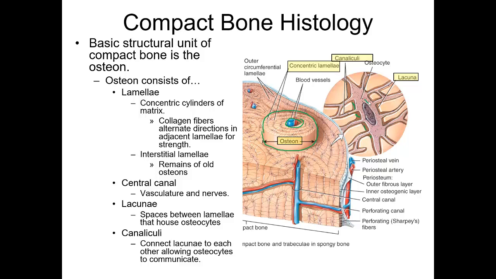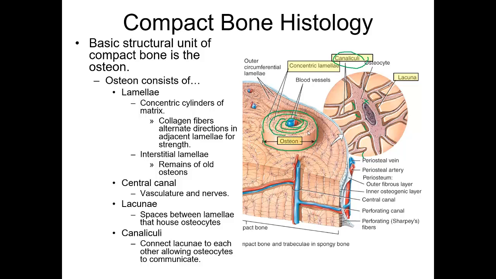This right here is the osteocyte. Now this little canal through which one osteocyte is going to connect to another osteocyte is the canaliculi. And the concentric circles, a circle within a circle within a circle, are called concentric circles.